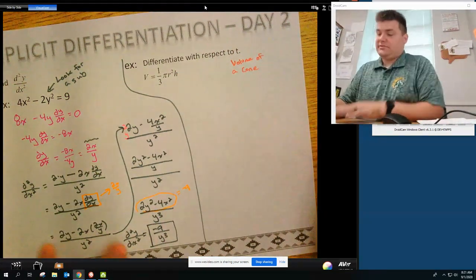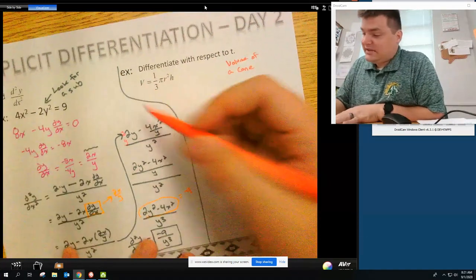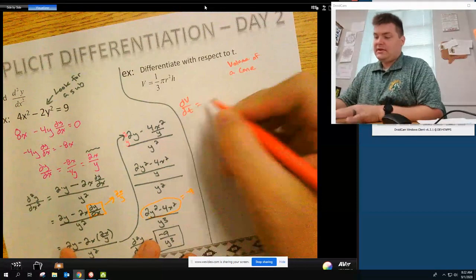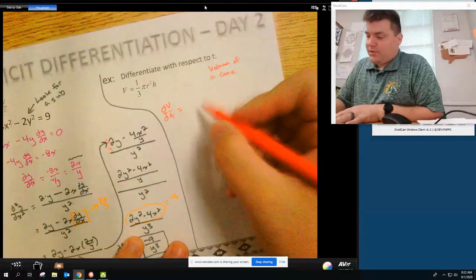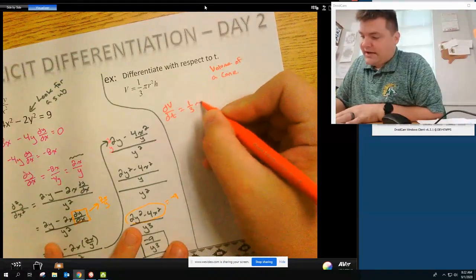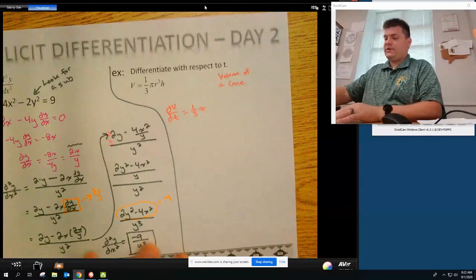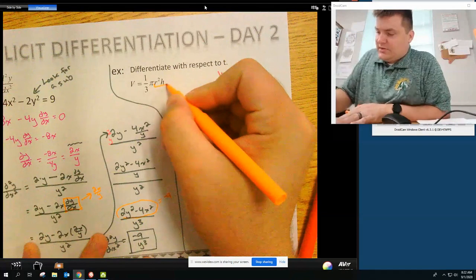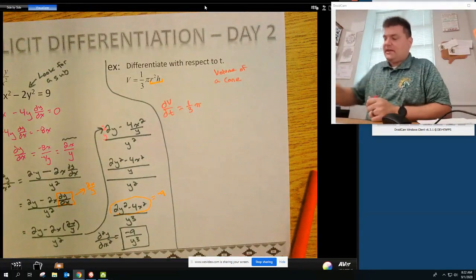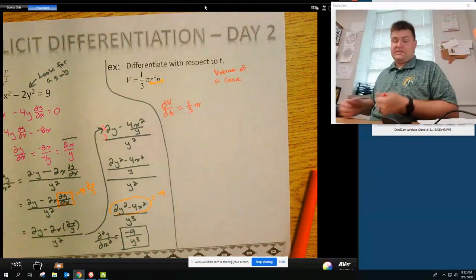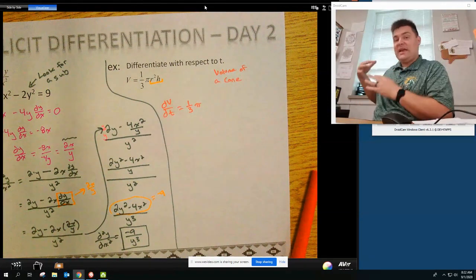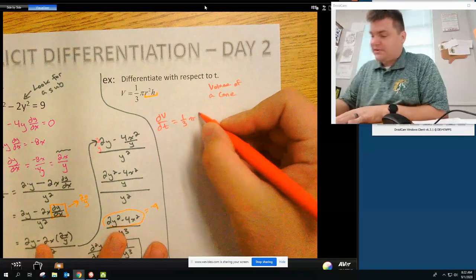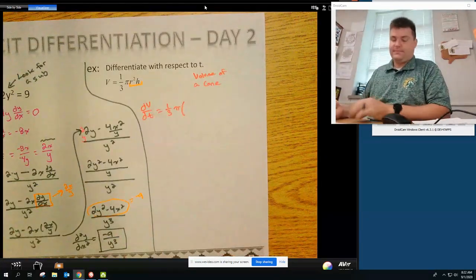So let's go ahead and do that. The derivative of V with respect to t is going to be dV dt equals. This is a constant, so I'm going to keep the 1/3 pi out in front. But right here, r squared h, those are two different variables. That's going to produce a product rule because it's an r times an h. So I'm going to put up big old parentheses here because I'm going to do this product rule.